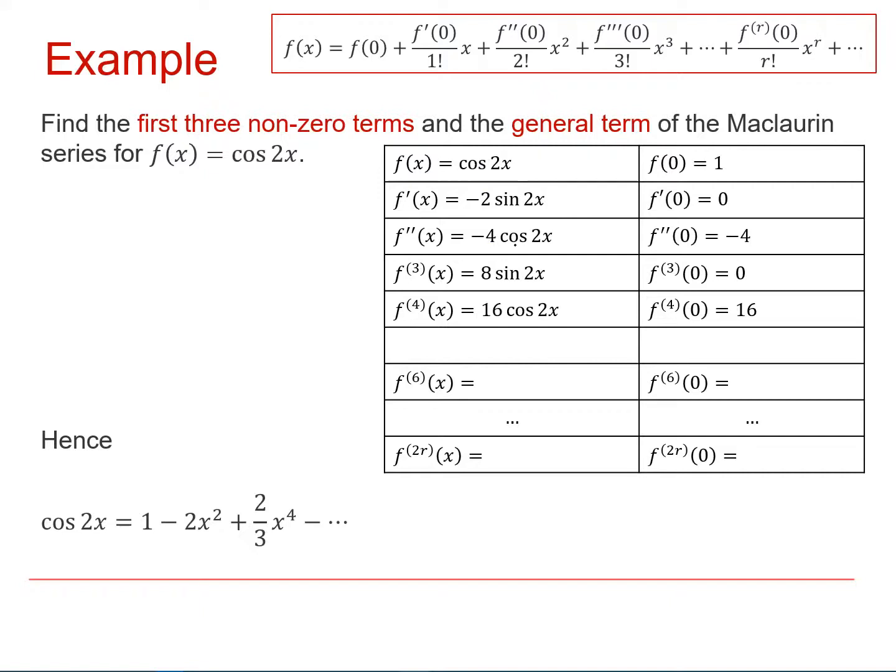So cos 2x, minus 4 cos 2x, 16 cos 2x. We would expect this to be minus 64 cos 2x, and so we would expect its value at 0 to be minus 64. And indeed what we've got here is that times by minus 4 every time.